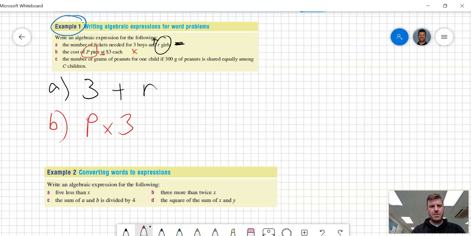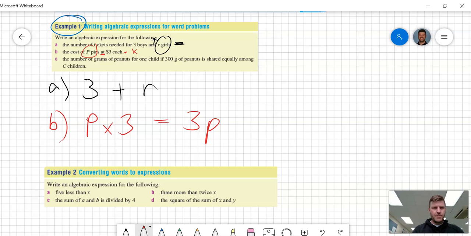Now, if you remember back to the language of algebra video, we wrote this term with the coefficient in front of the variable. So 3p. Okay, or 3 times p. You wouldn't usually put that dot there. Sometimes a dot, again, mathematically is represented by multiplication. And I'll get to that later. But 3p is the expression for the cost of p pies at $3 each.